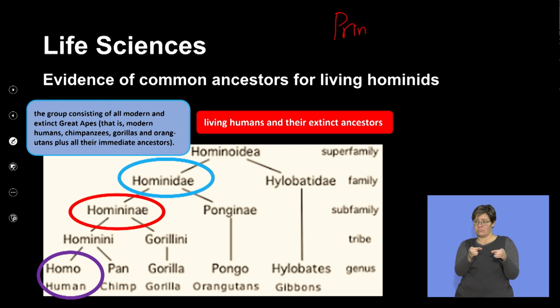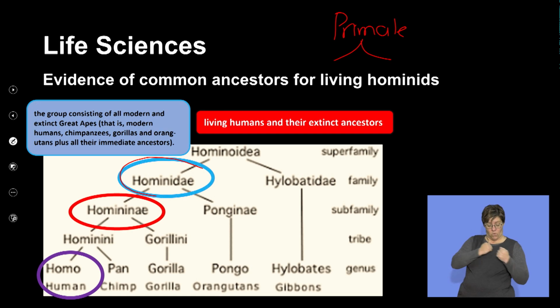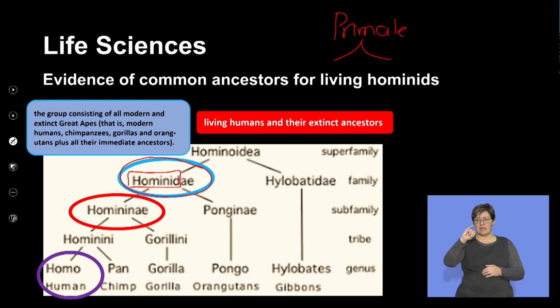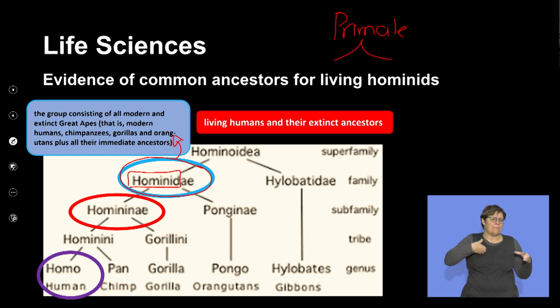Primates split, remember we're looking at speciation events, into two different families. The one we belong to is the hominid. Basically that means, you can see in blue, they're all the great apes and all of us. So we fit in here with all the monkeys, the orangutans, and all of those things.